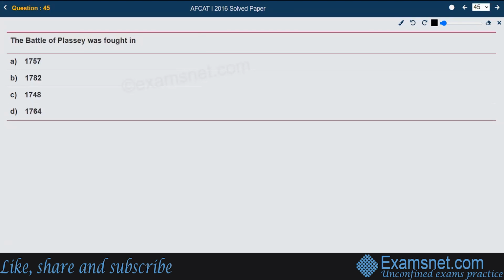Next, the Battle of Plassey was fought in, and the right answer is A, 1757. The Battle of Plassey was fought on 23rd of June, 1757.